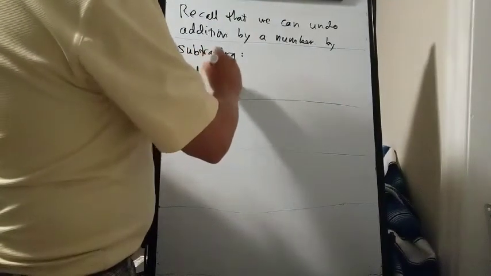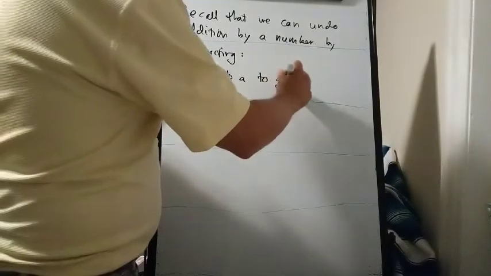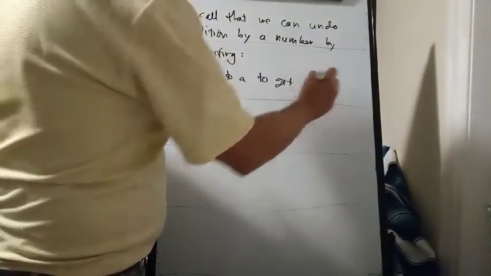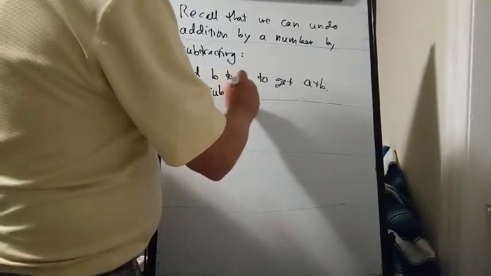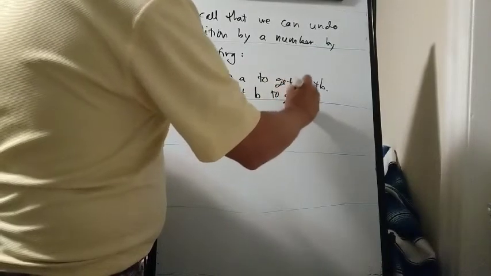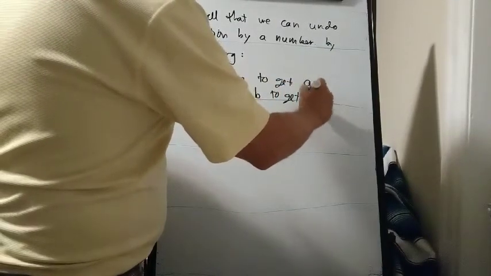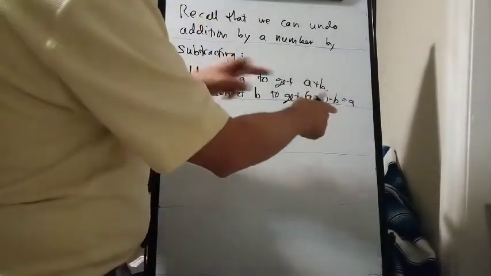So we can add b to a to get a plus b, then subtract b to get a plus b minus b, which is a. So, like we never added b in the first place.